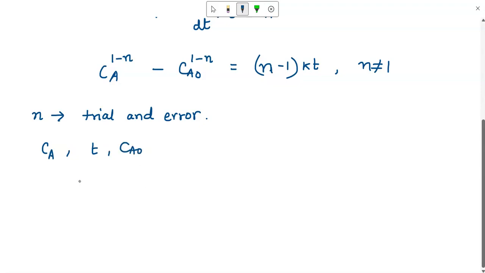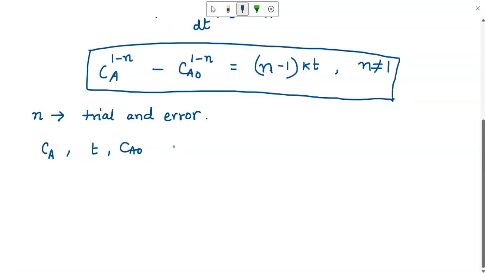So what we can do is use this equation over here as a model equation and perform an optimization study to obtain the values of the unknown parameters like k and n together. So these are known values for us, known from experimental data, and you just perform one optimization study.